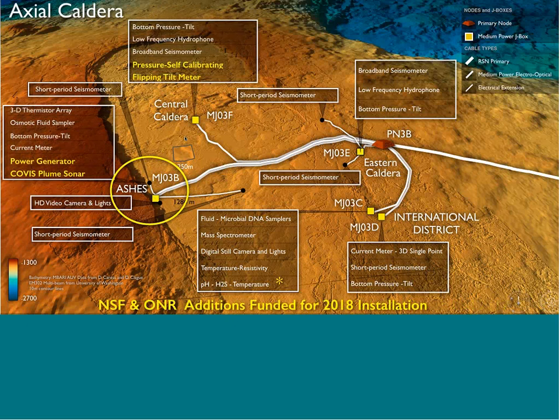And then this next summer, I'll summarize on an ending slide the PIs and all the instruments going in next year, but there's a power generation system in Ashes, a plume sonar to look at diffuse flow, look at heat flux in the Ashes hydrothermal field, and then two different kinds of geophysical instruments to look at geodynamics, seafloor inflation, deflation at Axial Seamount up at the central caldera, and I'll go into more detail there.